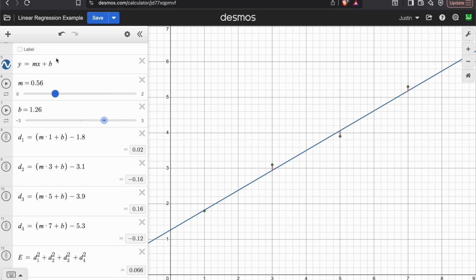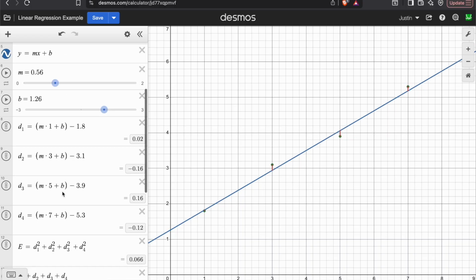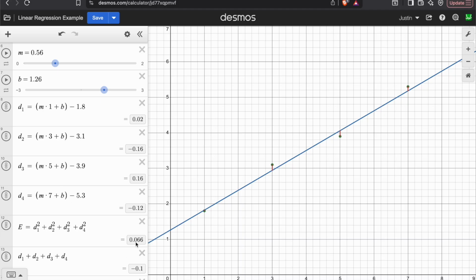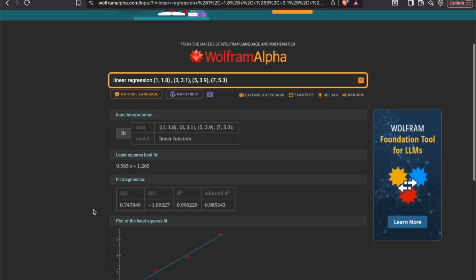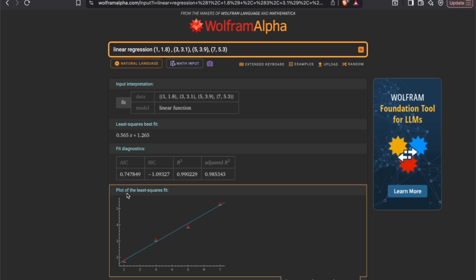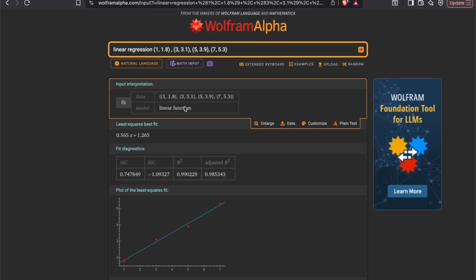You change M and B until you make that E as small as you possibly can. That is called the least squares regression. And here you go. Plot of the least squares fit. And that's what we're telling it to do: do a linear regression. In other words, find the line of best fit. And it's going to default to using least squares.